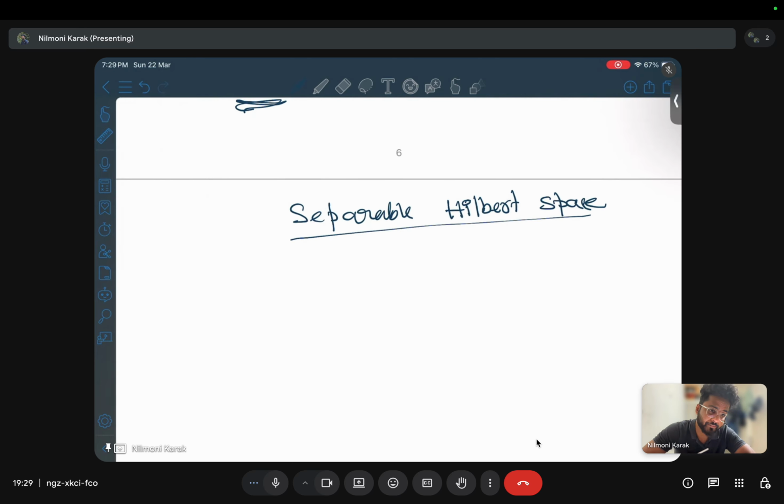If a metric space has a countable dense subset, then it is called a separable metric space. Similarly, a Hilbert space is also a metric space. The concept is the same. So suppose H is a Hilbert space. If H has a countable dense subset, then H is called a separable Hilbert space.